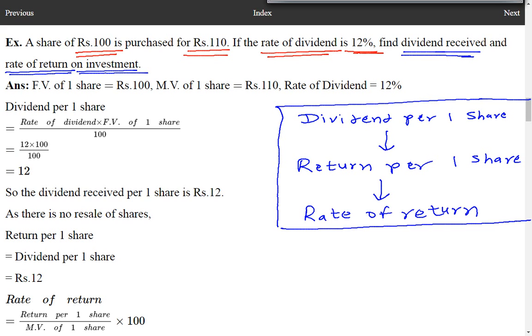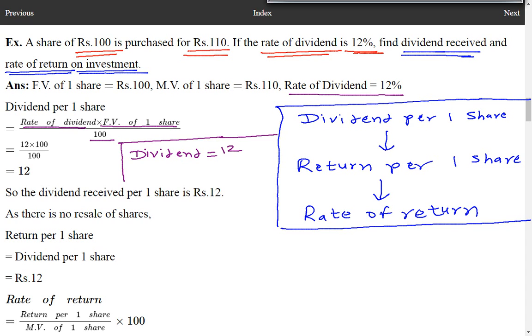So how to find dividend? The basic formula for finding dividend is: dividend is equal to rate of dividend into face value of one share upon 100. Rate of dividend is given as 12%, so it is 12.